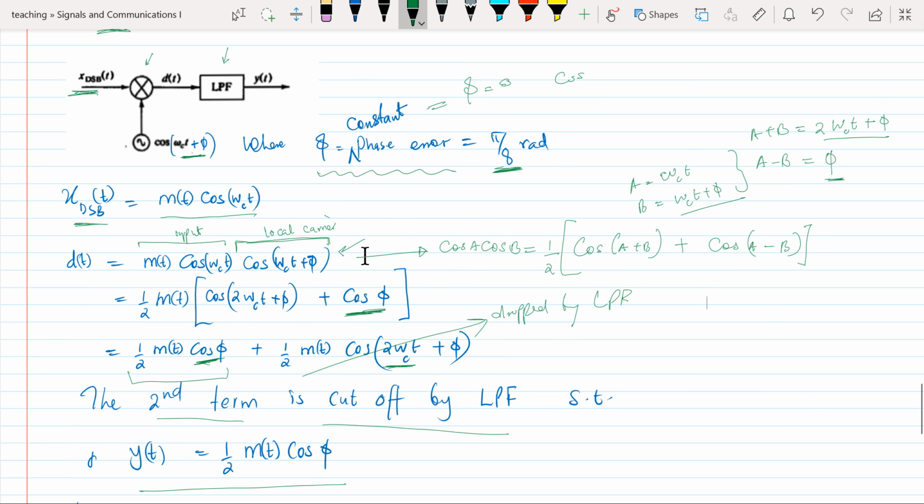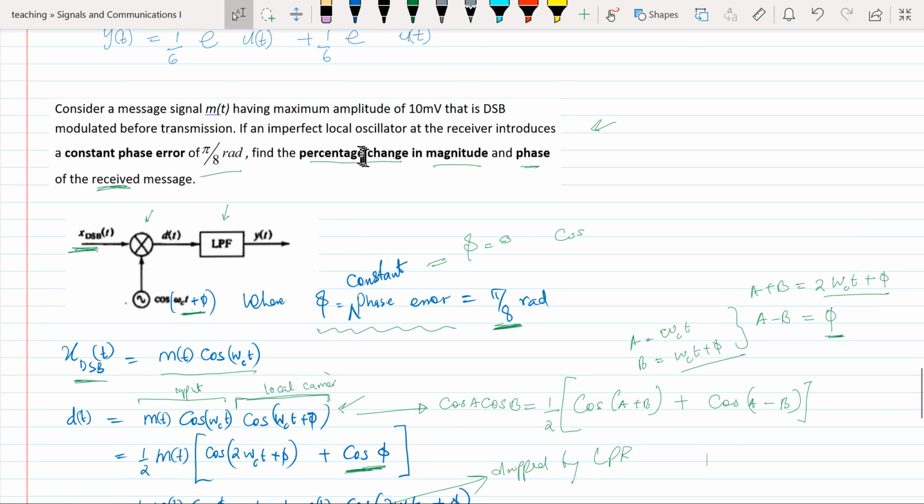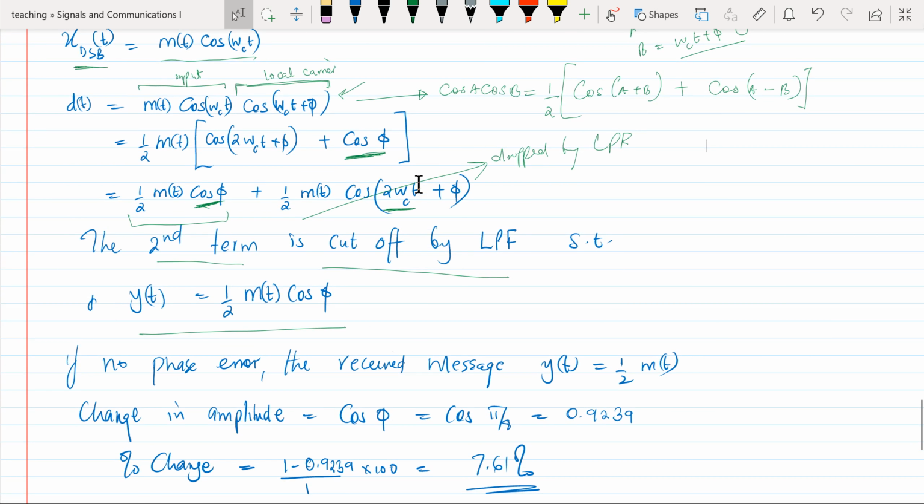The question is asking to find the percentage change in magnitude first and foremost. We know that if there was no phase error, then our message would have been multiplied by cos 0, which is 1.